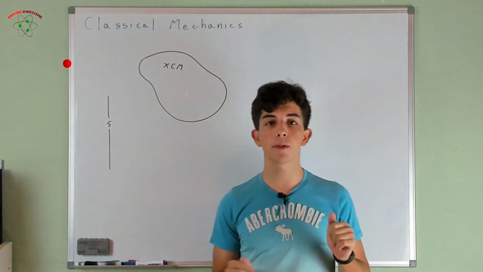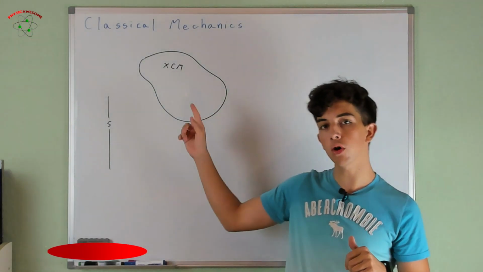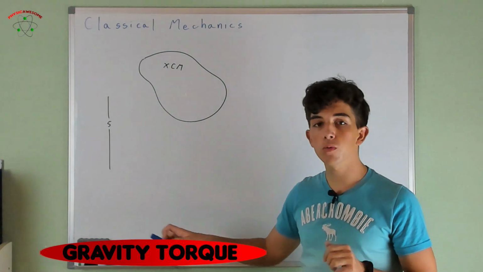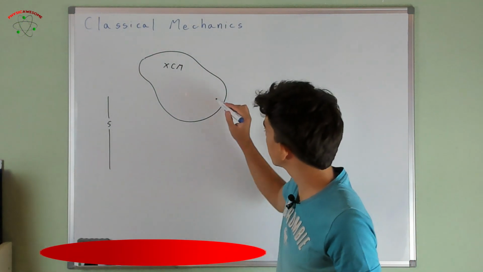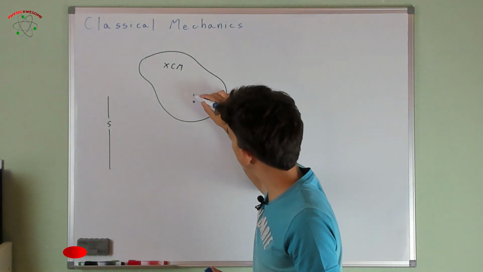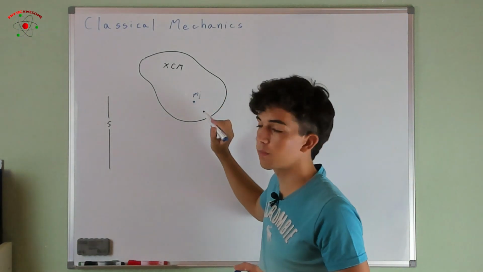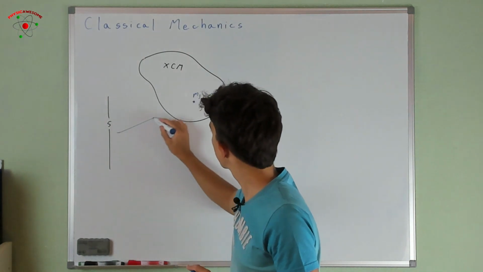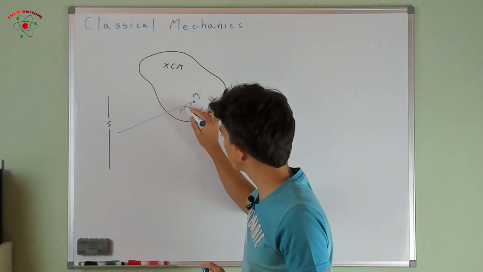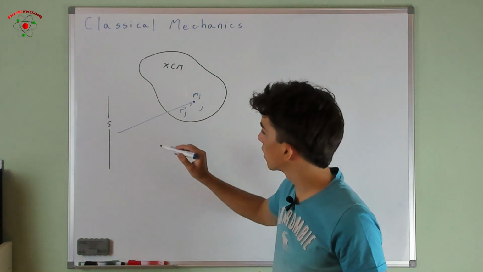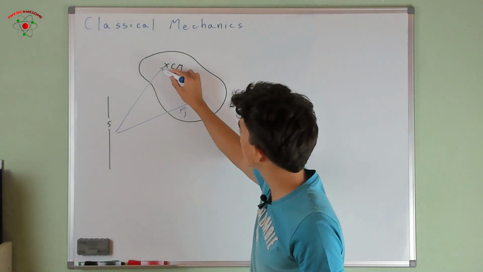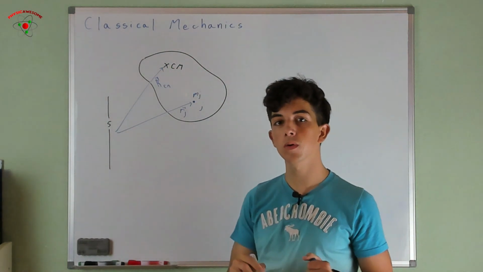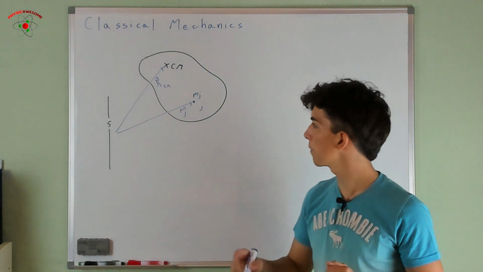Great, now let's apply this to an example and try to find the torque that this object feels because of gravity. As always, we're going to take a small patch of mass mj of the particle j, which is going to be at a point rj, and we're going to have over here our usual center of mass, which is going to be very relevant to this situation.